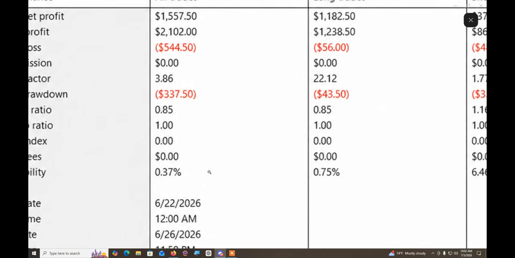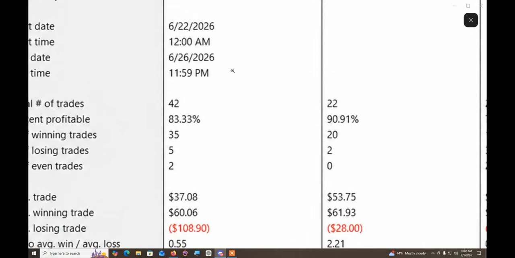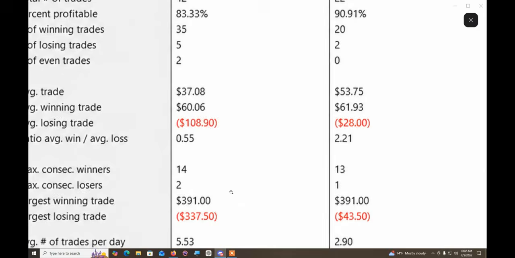That's pretty darn good. 42 trades, 35 winning trades, 5 losing trades, 2 break-evens, overall 83.3%. Largest winning trade 391, largest losing trade 337.